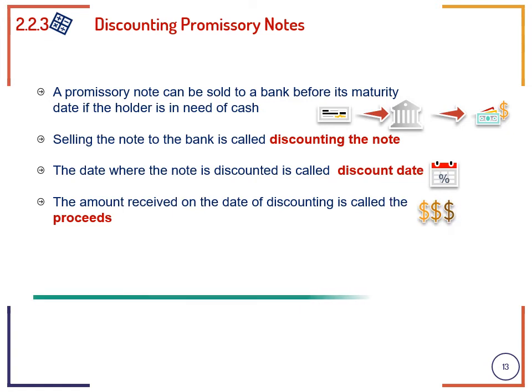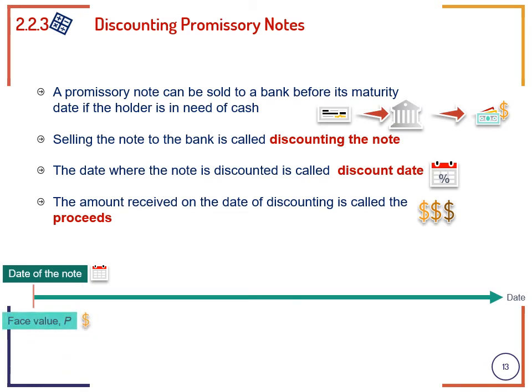The core elements of a promissory note include the effective date or date of the note, amount of the loan or face value, a due date or maturity date, and the total amount due or maturity value.